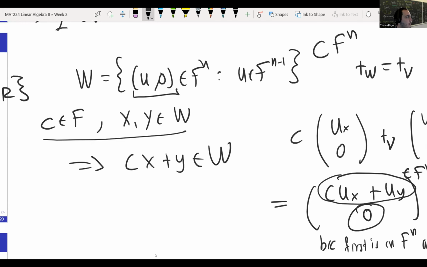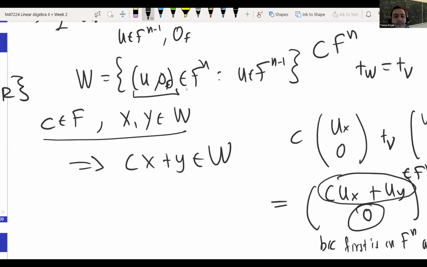For this one, you don't have to worry. For subsets, I will have to see some other example, but when you're dealing with this specific example of vectors, you do not have to show subset, because it immediately follows from the form. Namely, you have U in Fn minus 1, and you have the 0 element of F, so 0F.